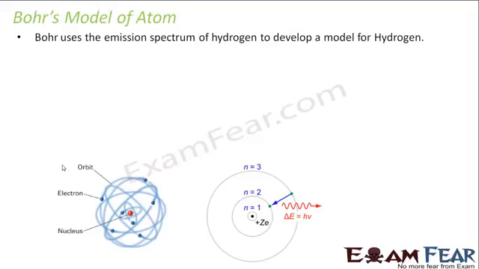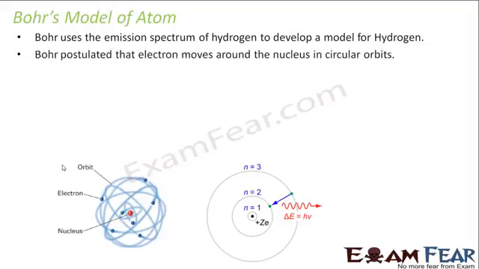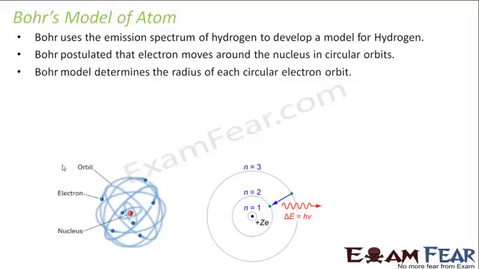So what did Bohr do? He used the emission spectrum of hydrogen, and with the help of that spectrum he developed a model for the hydrogen atom. He postulated that electrons move around the nucleus in circular orbits. This was something similar to what Rutherford had told. Bohr's model determines the radius of each circular electron orbit.